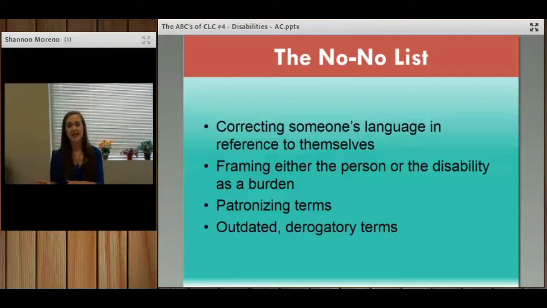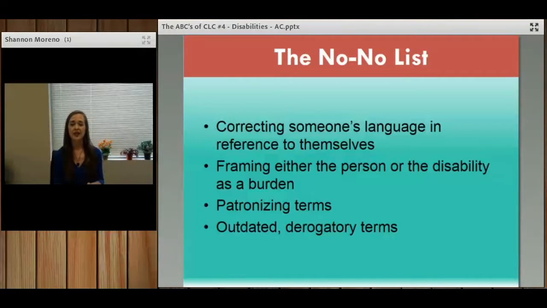But even in that context, you probably wouldn't open up that conversation with, no, person first language, because I went to a training and this is the way we talk. Like, that's just not an appropriate response. And it's something that is very, very frustrating to a lot of folks living with different disabilities.